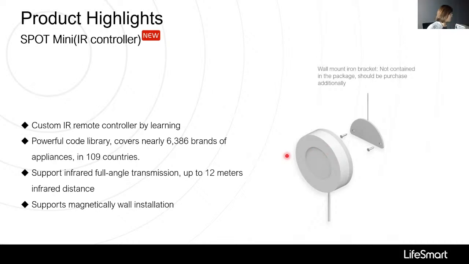And it also has a magnetic wall installation bracket. This is our new product, Spot Mini, and we can see the size is smaller than the Spot before. And it has a wall bracket. It is magnetic. We can stick this bracket on the wall and install it.